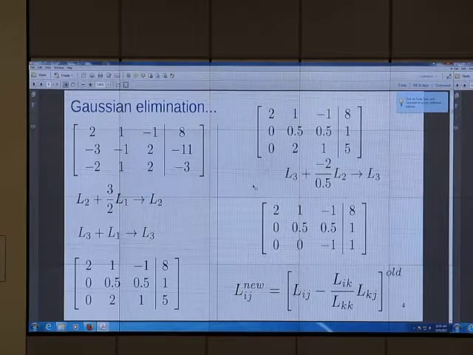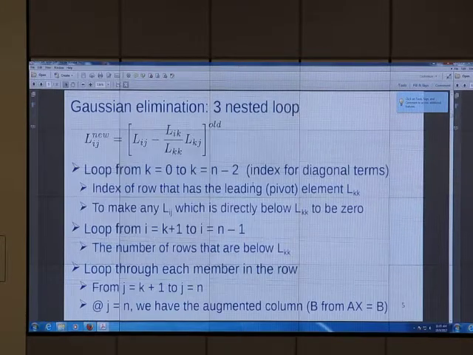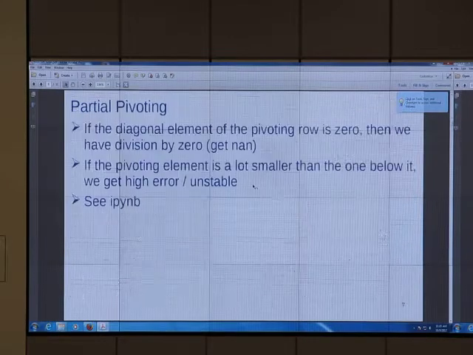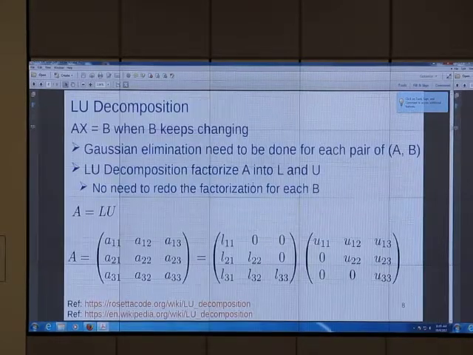On the left side, which is minus 3, minus 1, 2, and also on the right side, which is minus 11. So minus 11, even though it is on the right hand side, still has to go through this process. So every time the right hand side changes, we have to redo part of the Gaussian elimination. But for LU decomposition, we don't need to do that.